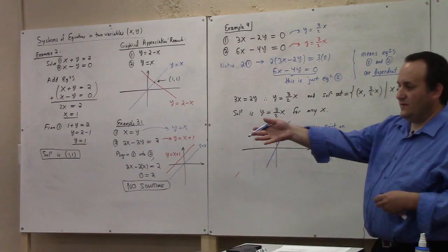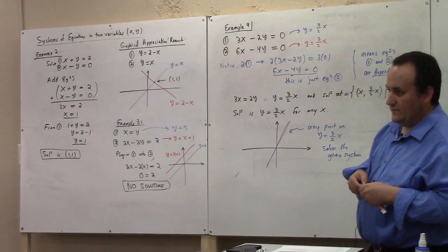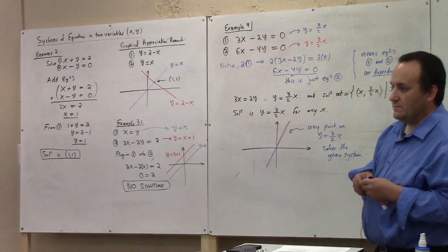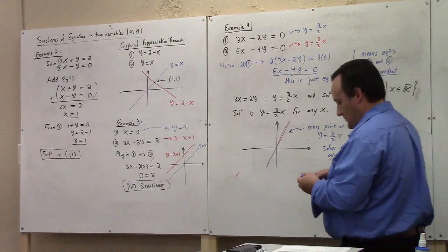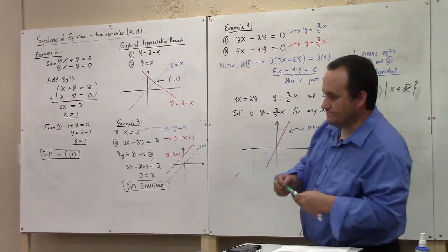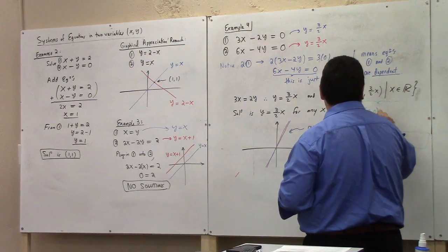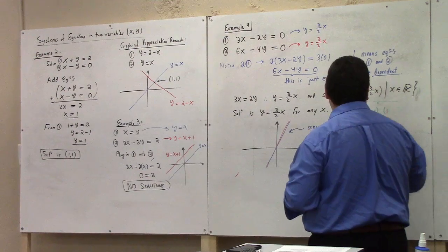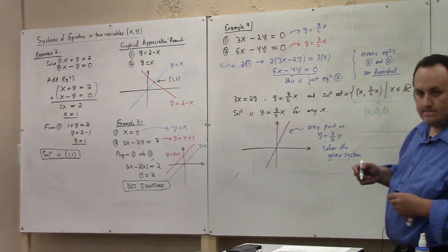Could you give me 3 different solutions for this equation? I'll get us started. 0, 0 is an example of a solution. 1 and 1. So 0, 0 is in here. What if x is 1, what's y? 3/2.